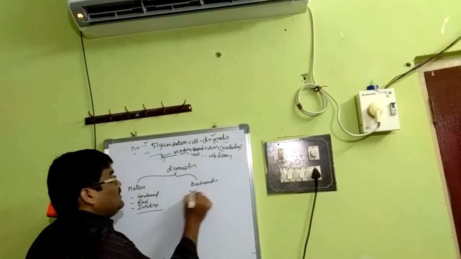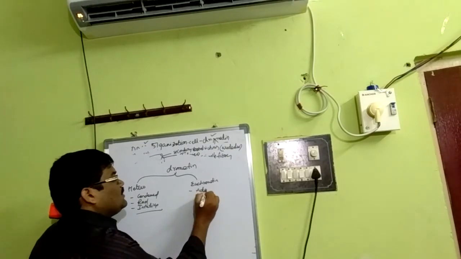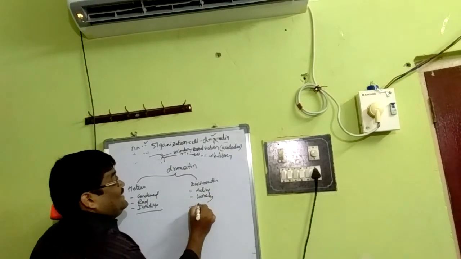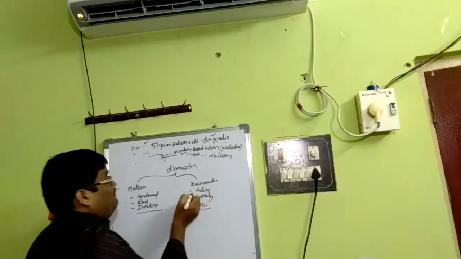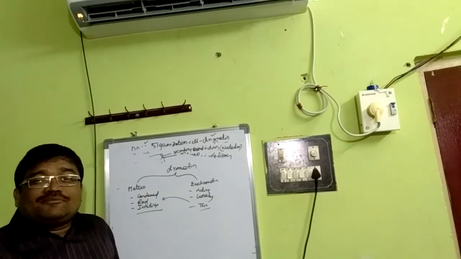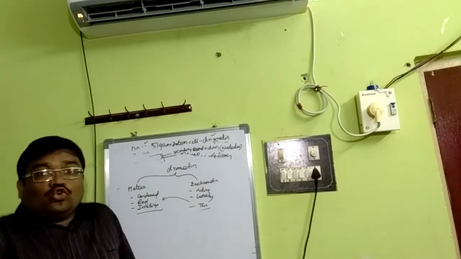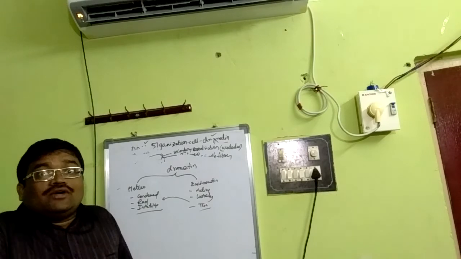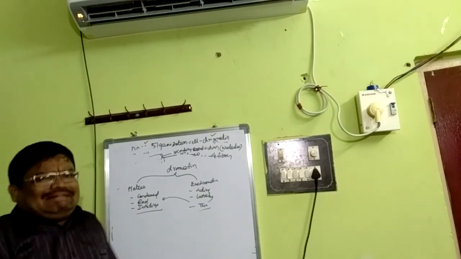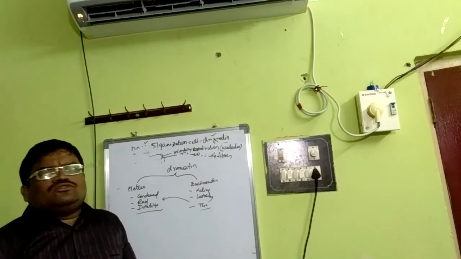Whereas euchromatin is active, loosely organized, a thin thread-like part. And when compared to heterochromatin, it is actually the transcription zone. Euchromatin is the true chromatin with respect to transcriptional activity. Heterochromatin is like the inert part of the chromatin, where there is no transcription.